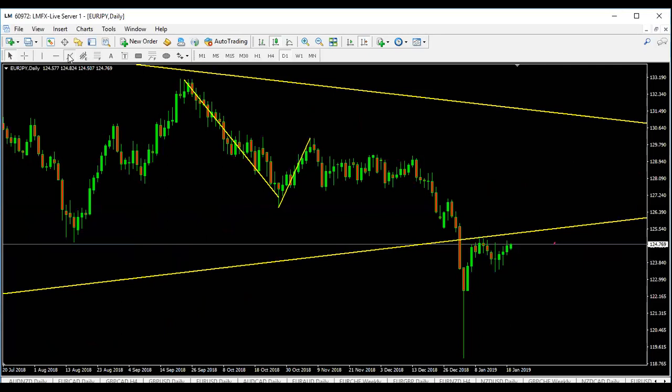And this takes patience, you guys. This is why the mindset training you guys are going to experience later on is so important, because this takes patience. This trade went from about the beginning of December to almost the end of December before we finally got our breakout. So we have our moves going in the middle of this triangle.